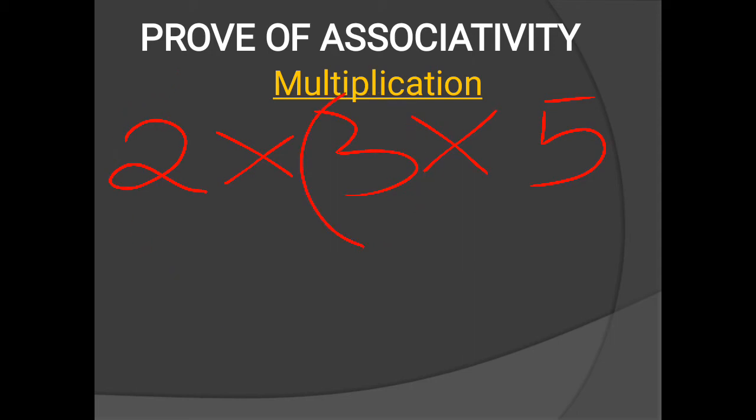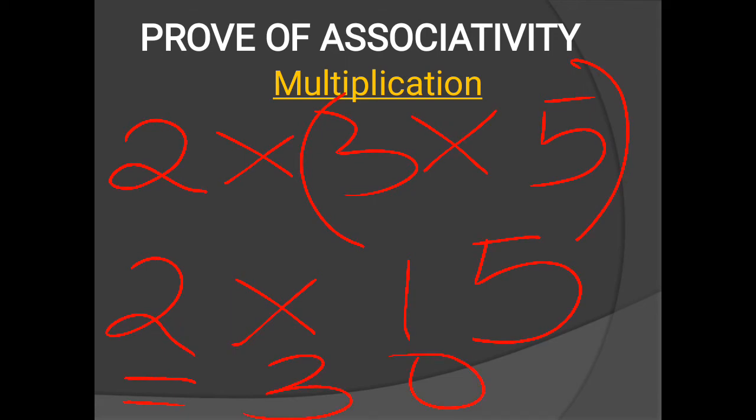Now if I group the last two, I should also get 30. So I have 2 times, I solve what is in the parenthesis or bracket first, which some call bracket, but this is parenthesis. 3 times 5 is what? 15. Okay, 15 times 2 or 2 times 15 is 30.